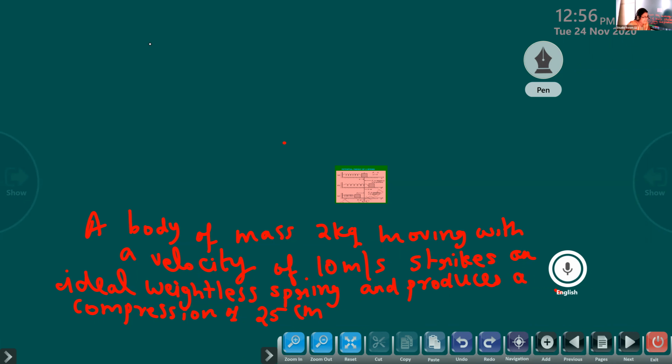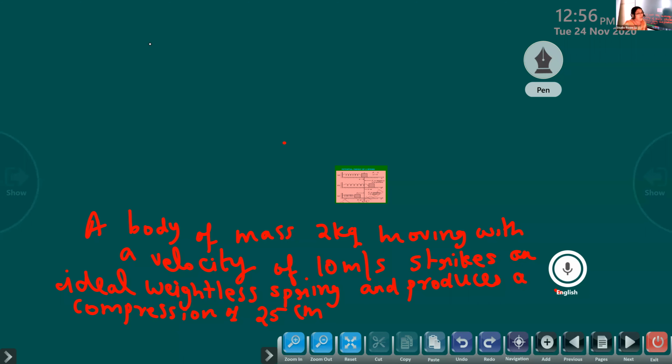You said kinetic energy, is it so? Yes, because the body which is moving went and dashed the spring, and the spring got compressed because of the energy transferred from this moving body to the spring. So kinetic energy is lost, but potential energy is gained. So the kinetic energy of the moving body equals the potential energy of the spring.